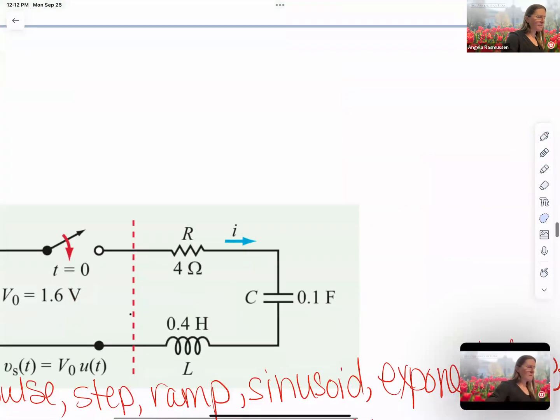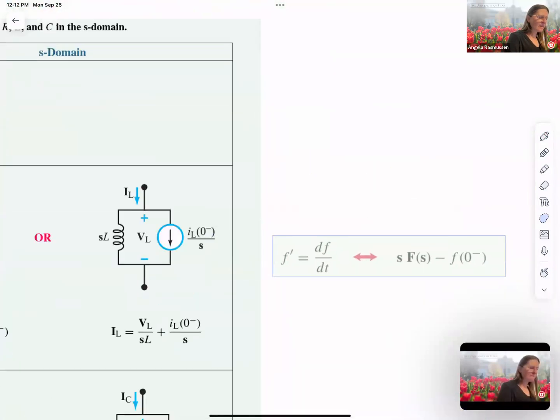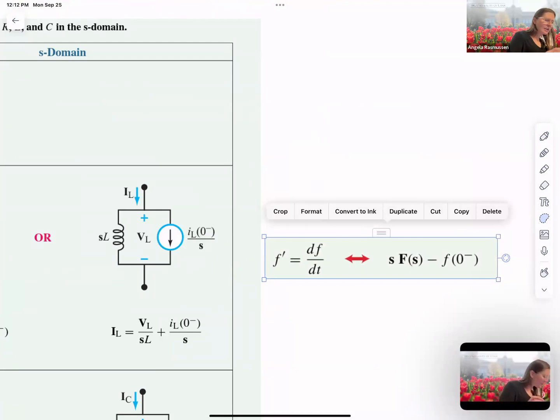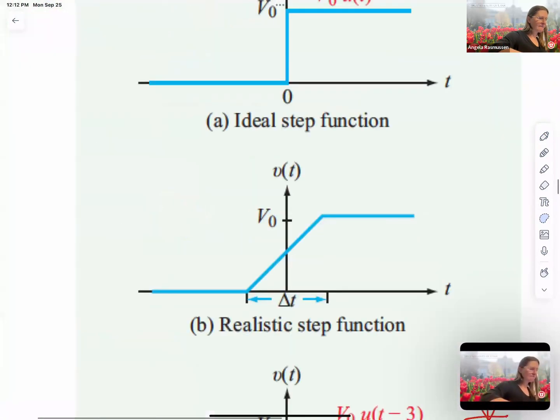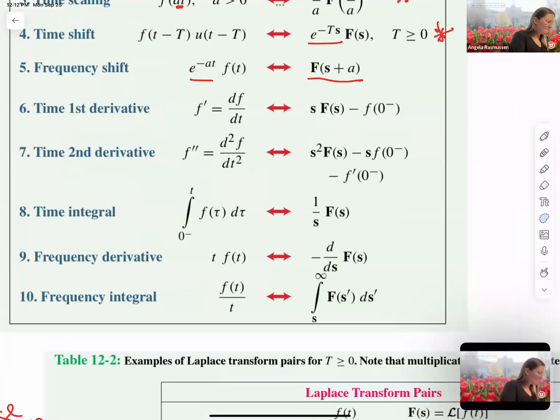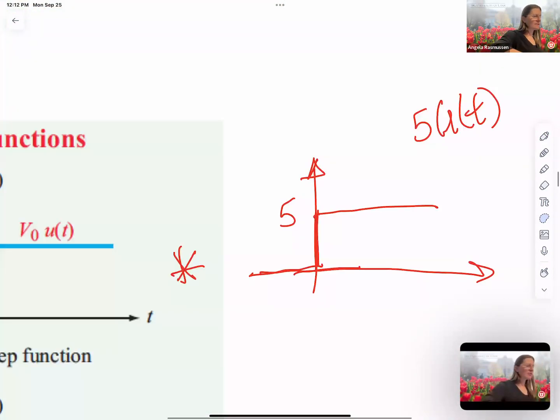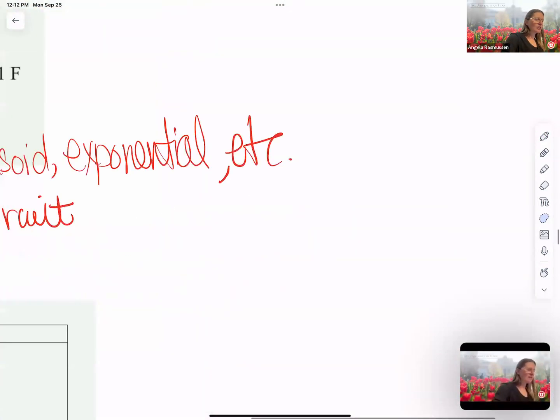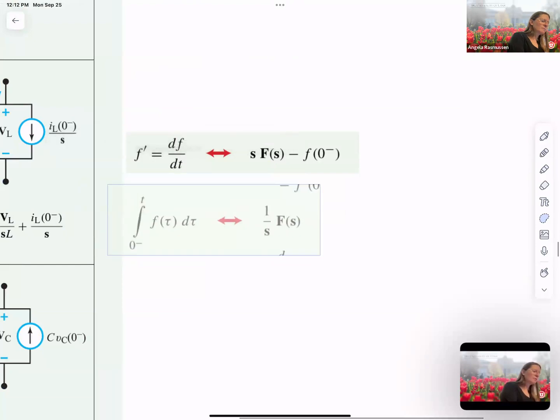Because we have that property of the derivative and then the integration one we need. So we're going to use these to actually make the elements, and then we can just use those each time going forward.